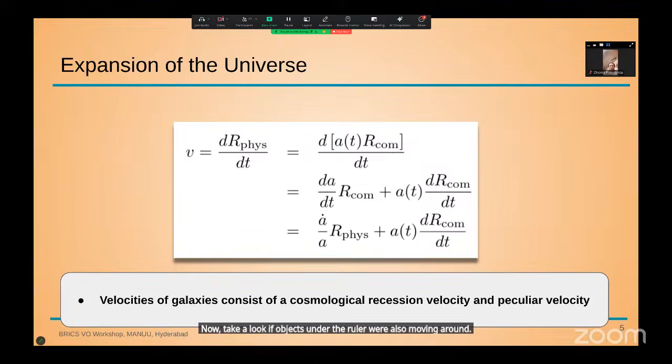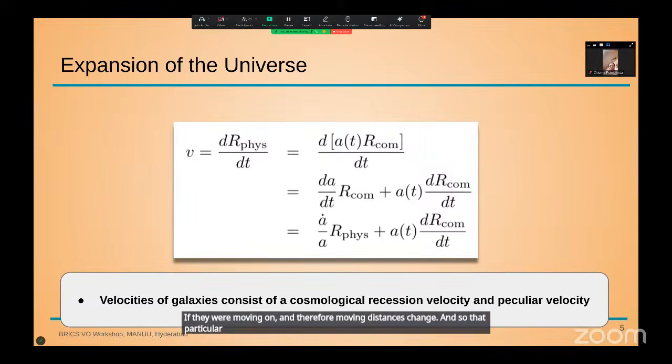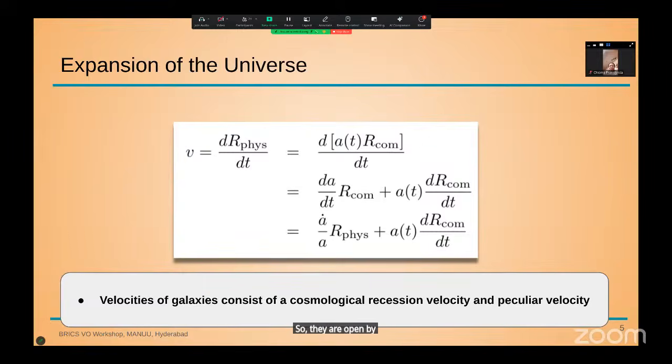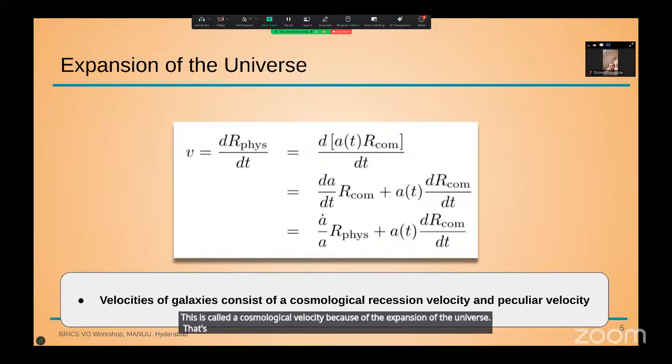Then their moving distances change, and that is this term, dr moving by dt. This is called the peculiar velocity. The other is called the cosmological velocity because of the expansion of the universe. That is what naturally comes out even if the objects are sitting constantly on the grid points.